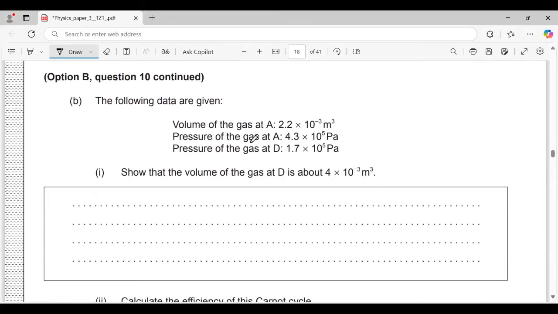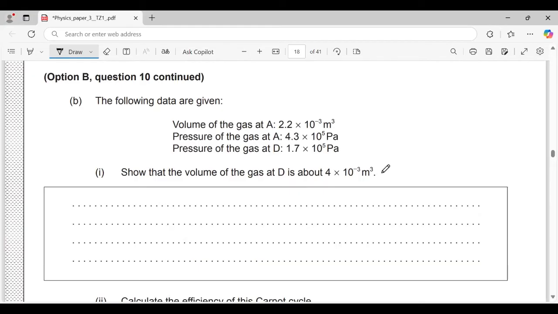The following data are given. This data shows that the volume of the gas at D is about 4 times 10 to the power minus 3 cubic meters.